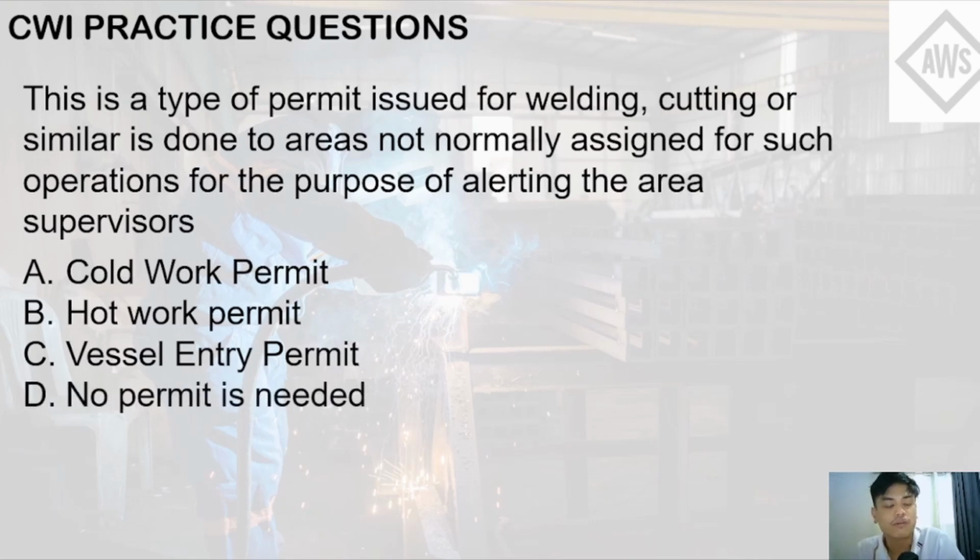For the first choice, cold work permit, it is just for a work activity that doesn't produce sparks or doesn't generate any heat. So that's cold work. Hot work is for welding and cutting, using oxyacetylene for example, basically the activity that generates fumes or heat.